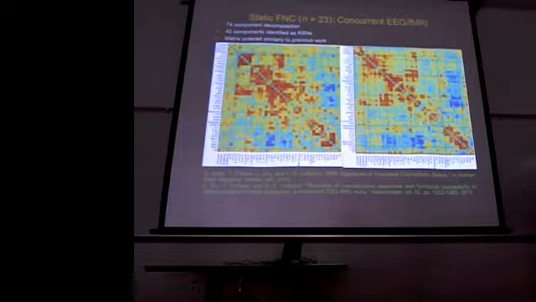And this is some data collected at the Mind Research Network by Lei Wu, and we are comparing here a very large data set of about 600 subjects, very robust result, with a smaller data set of about 23 subjects that had EEG concurrently collected. And just to show that we can get similar patterns in the static FNC.